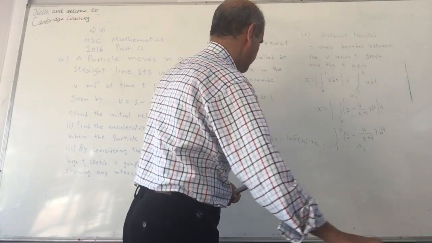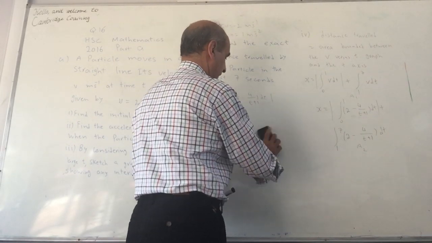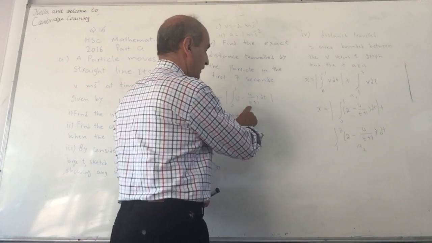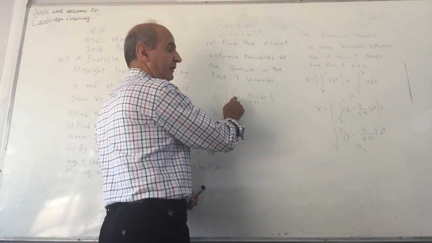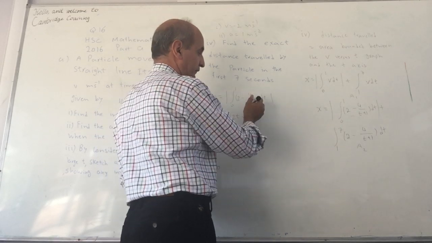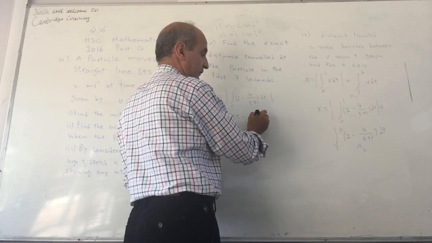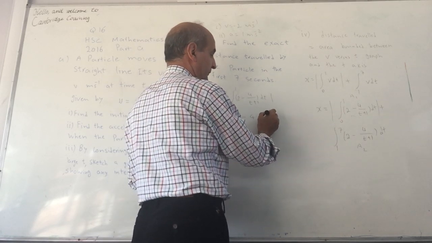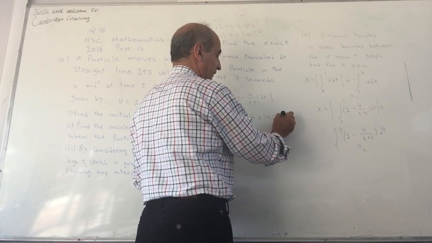So we use that here. I have t plus 1, and the derivative of that is just 1. I have it actually, but 1 times 4, so that 4 is just a constant, and I multiply by it. 4 times ln of t plus 1.